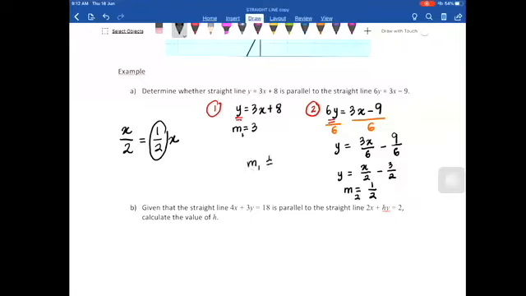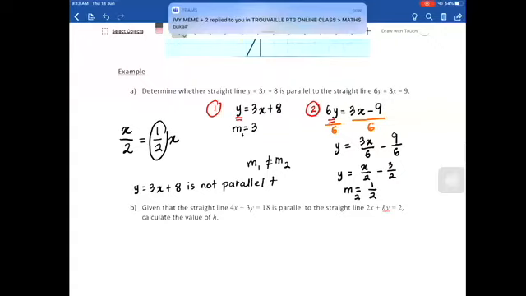Sebab M1 saya adalah 3, my M2 is 1/2. So that kita boleh cakap y equals to 3x plus 8 is not parallel to 6y equals to 3x minus 9. Ini yang kita boleh conclude. Dia tak parallel.